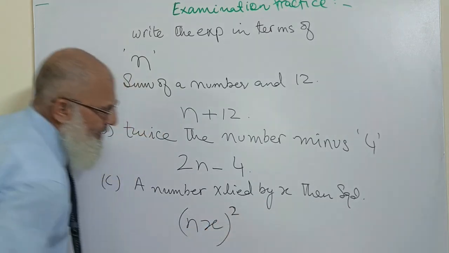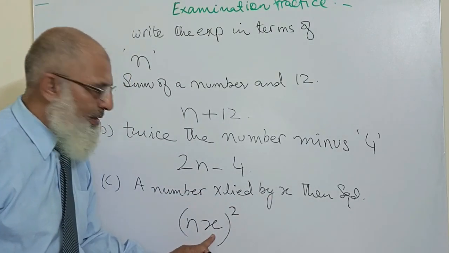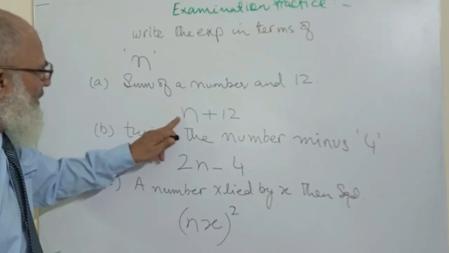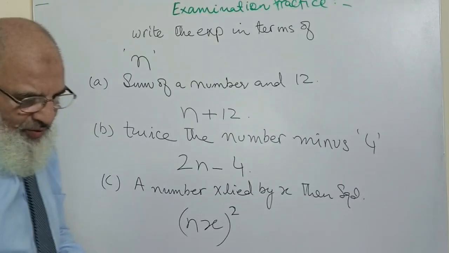So it is very easy. A number multiplied by x, the number is given as n, and then it is squared over here.